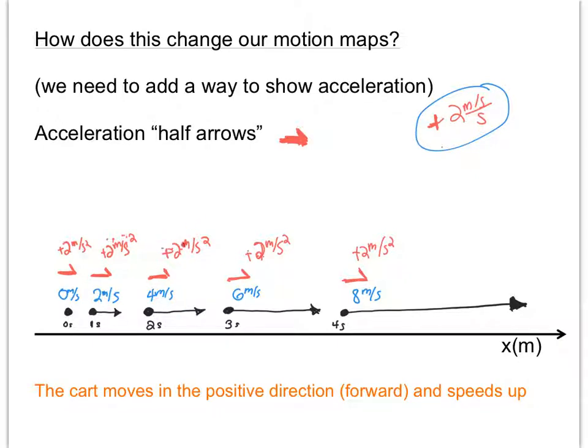Adding 2 again gives us 6. Adding 2 again gives us 8. And you can tell the next one, adding 2 again, will give us 10 somewhere along here. Okay, so when acceleration is in the same direction as velocity, we have something that speeds up. And again, we see something moving in the positive direction and speeds up, except this time we're talking about a motion map.